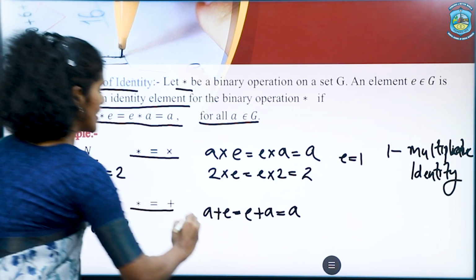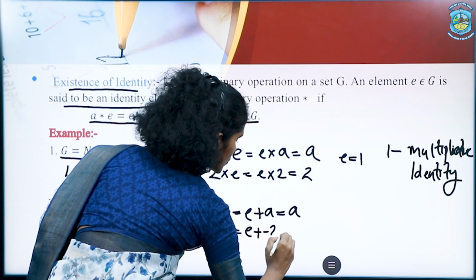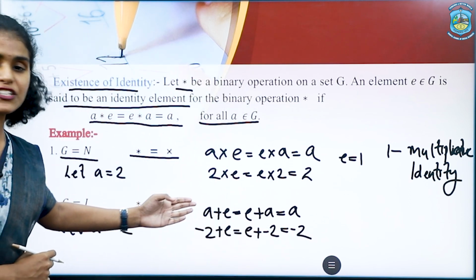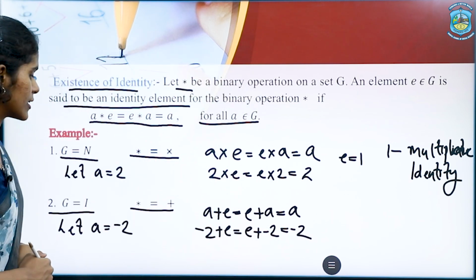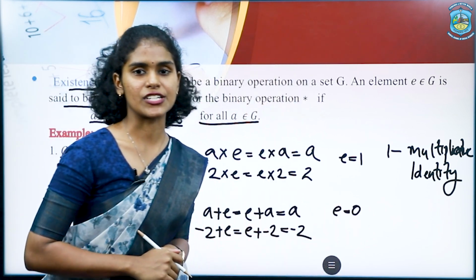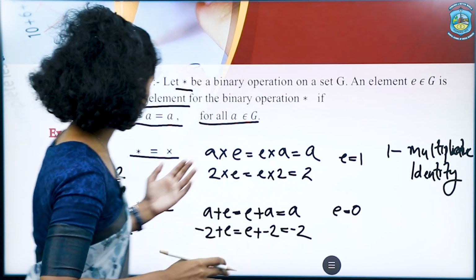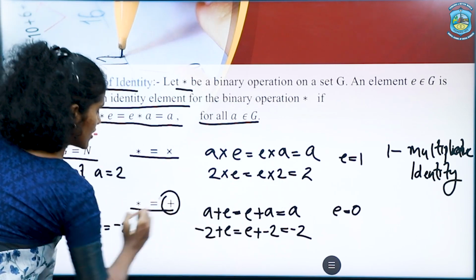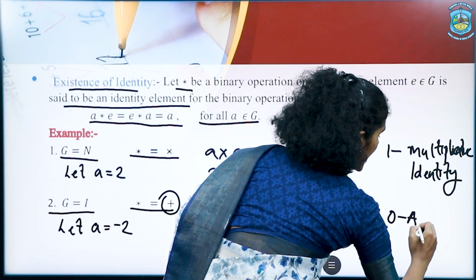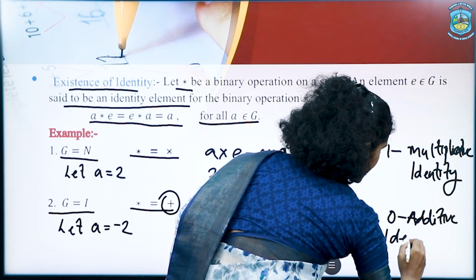So I can write this as minus 2 plus E equal to E plus minus 2 equal to minus 2. Is there any integer value which satisfies this condition? Yes, E equal to 0 satisfies this condition, and we already know that additive identity is always 0. So whenever the operation is addition, we should always remember that 0 is the additive identity.